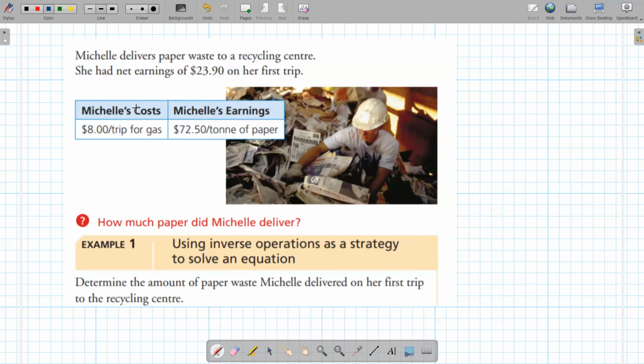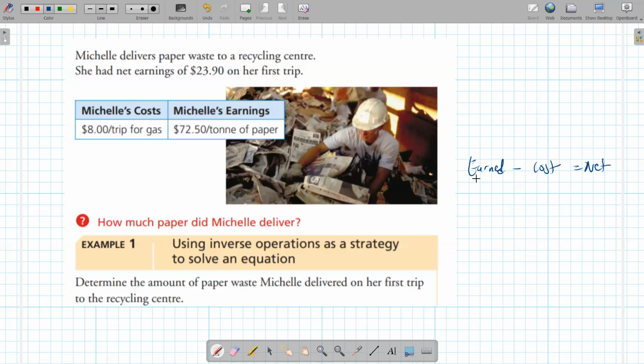So what does net mean? Net means whatever she earned, you subtract what it cost her. Here she had to pay for gas. So this is the net earnings. What did she earn?